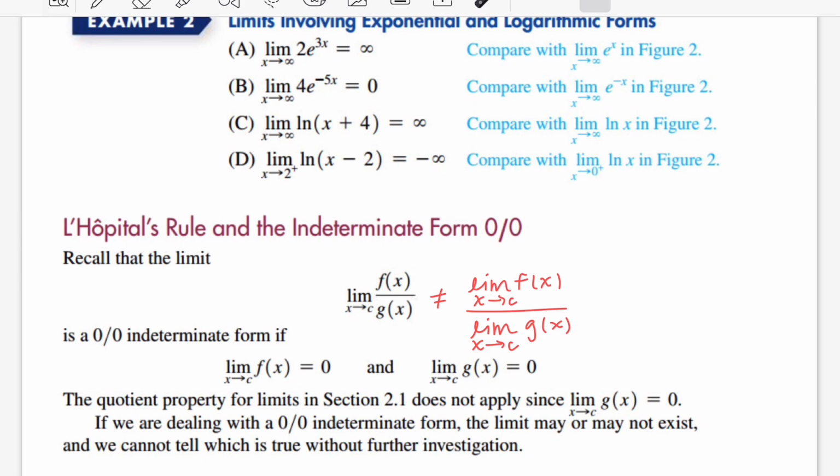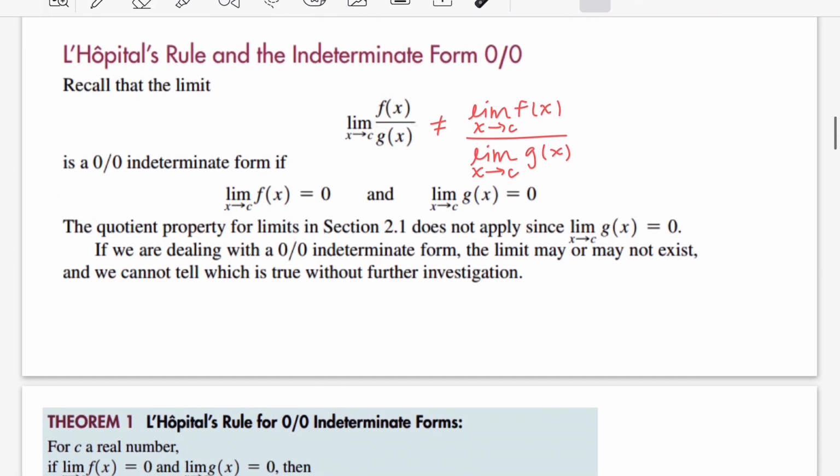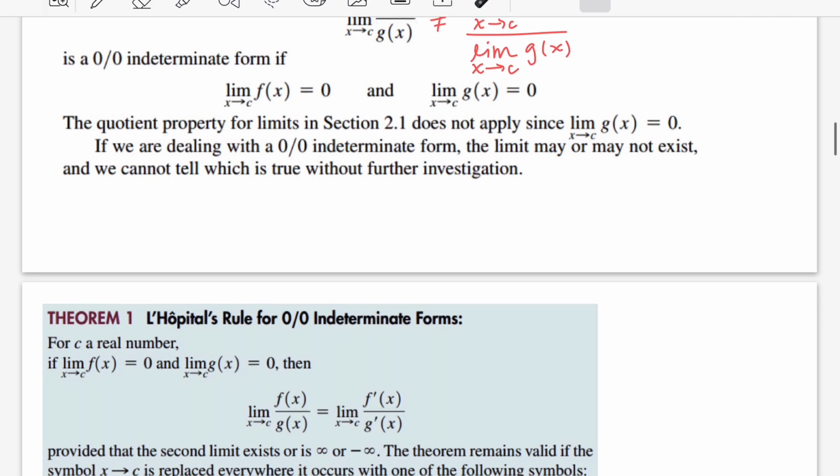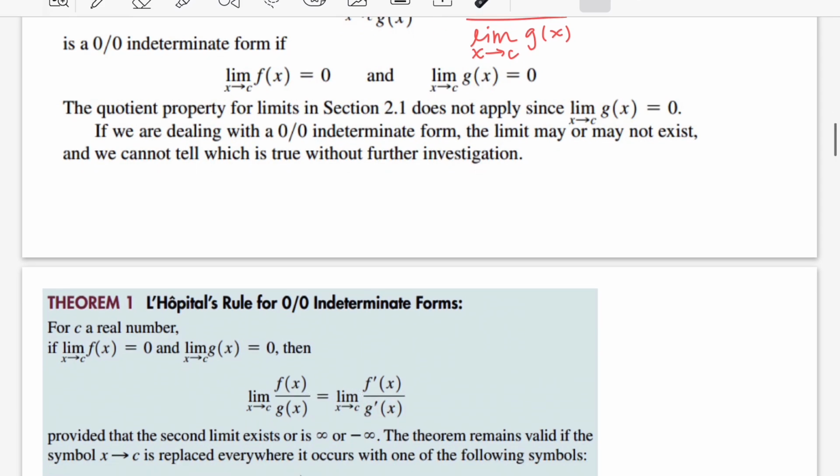And in some cases, we can do an algebraic simplification to get out of this indeterminate form, but when we can't, we'll turn to L'Hopital's rule. And that is this here. So if we have, for a real number c, if we end up with indeterminate form when looking at this limit, what we can do instead is take the limit of the derivative of our function f over the derivative of our function g of x.